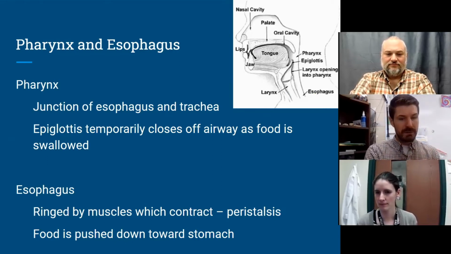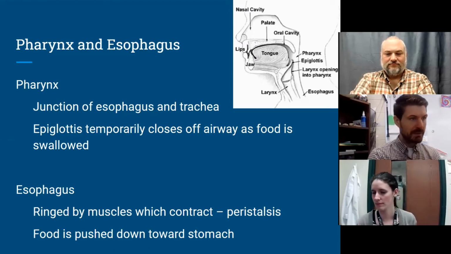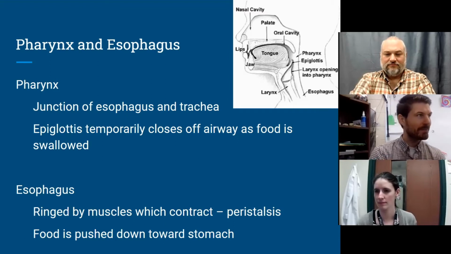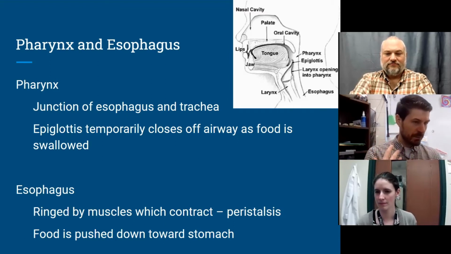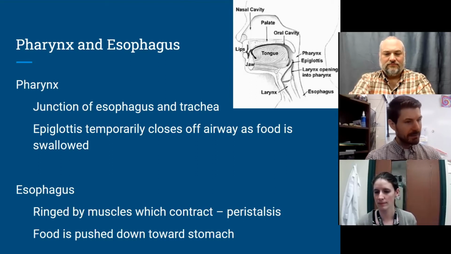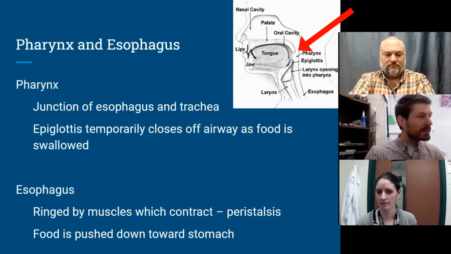And one of the reasons I bring this up is if food gets lodged because you're not chewing it well enough, not enough physical breakdown of the food, if food becomes lodged in your pharynx, in your throat, that can block your airway as well, because they're sharing that tube for a little while. And that's what happens when someone is choking. You do the Heimlich maneuver and dislodge the food. But anyway, so the pharynx is the junction between the esophagus and the trachea.